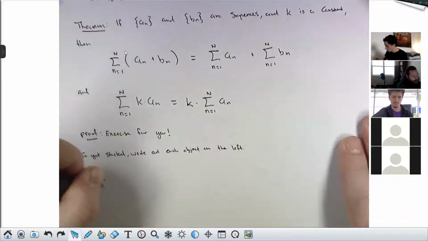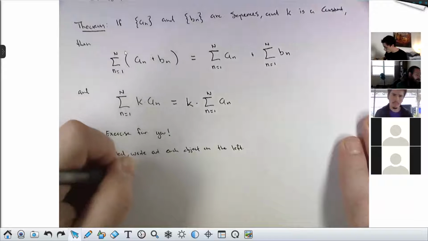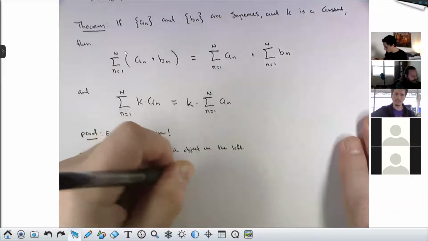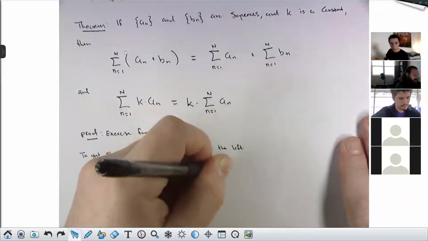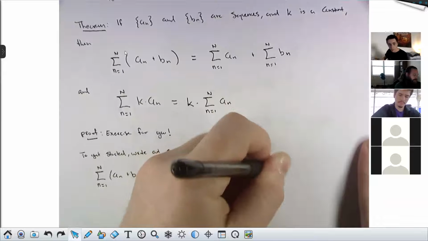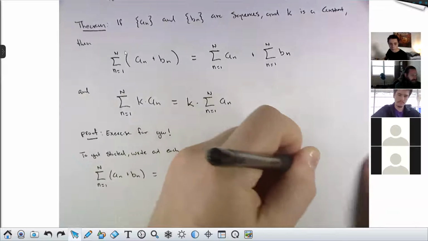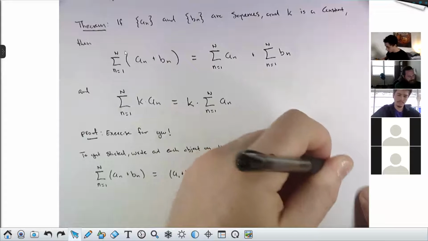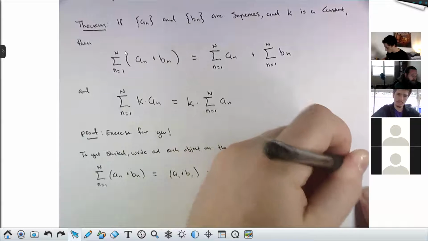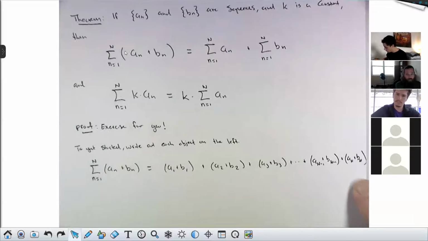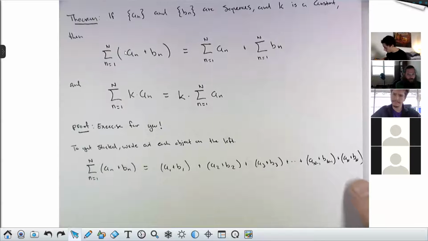So the sum from little n equals 1 up to capital N of a_n plus b_n would be a1 plus b1 plus a2 plus b2 plus a3 plus b3, and the second to last term here is a_(N-1) plus b_(N-1), and the last term is a_N plus b_N. I'm a little short on space here. And then you would just reorder it.